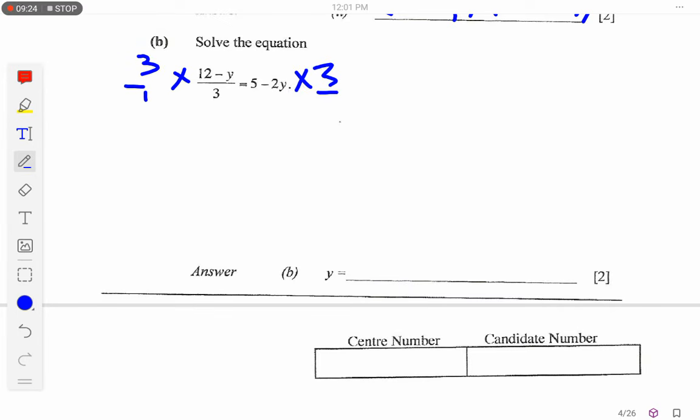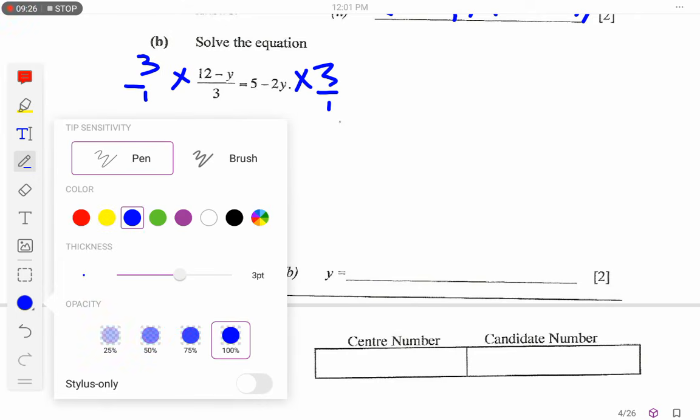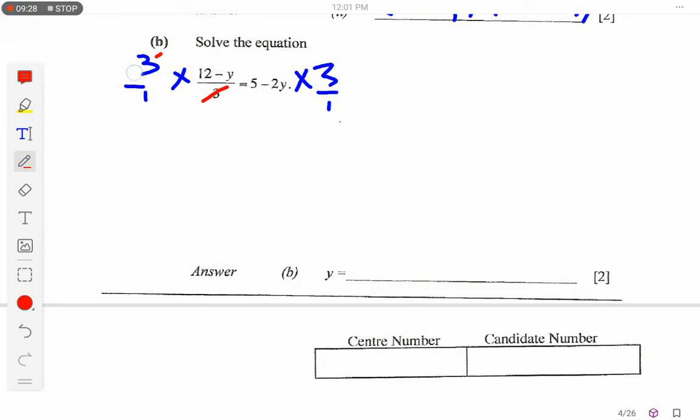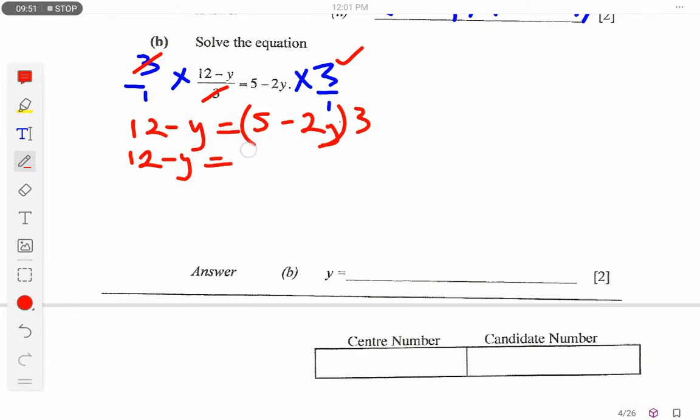That way this 3 and this 3 cancel off each other and we remain with 12 minus y is now equal to, on the right side we'll have a 5 minus 2y multiplying by 3 there. This 3 that we have multiplied everywhere, 3 over 1 is the same as 3. Now we can remove the brackets and we have here 12 minus y is equal to 15 minus 6y.